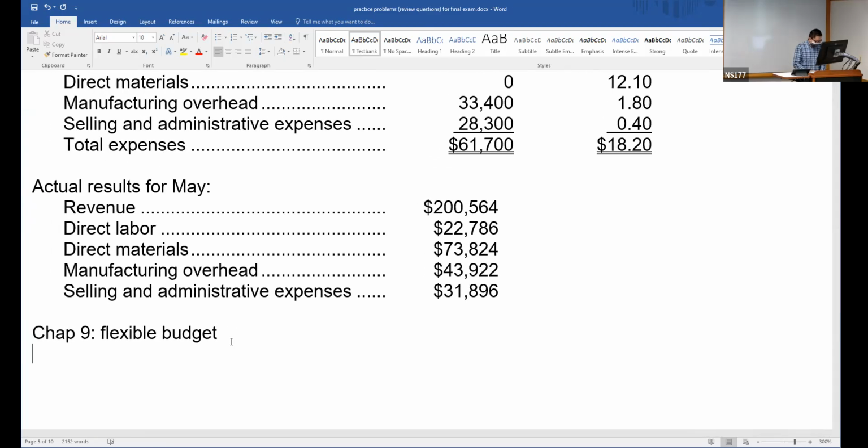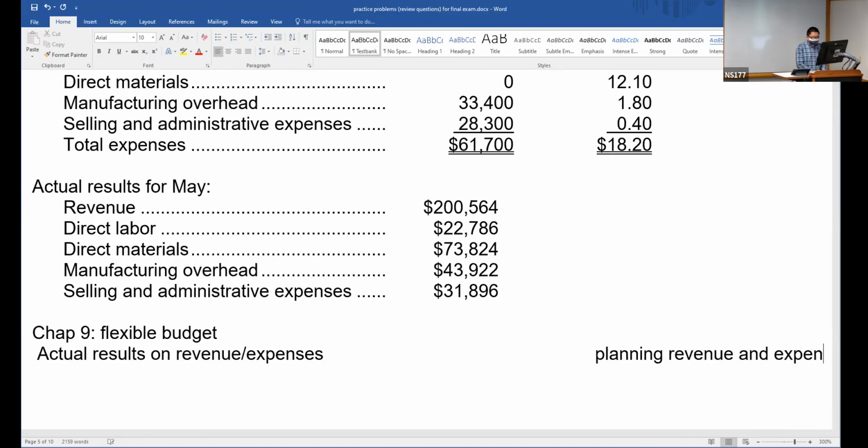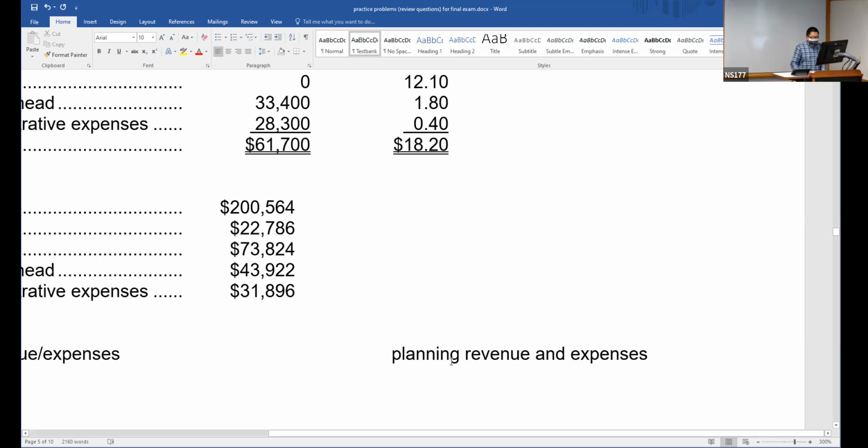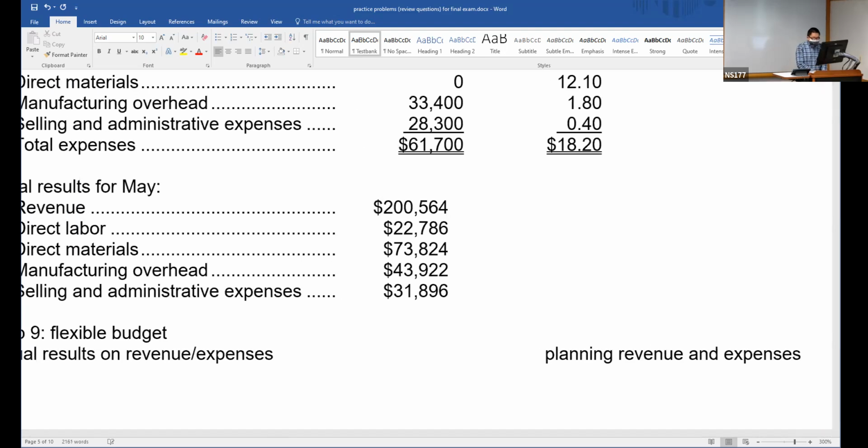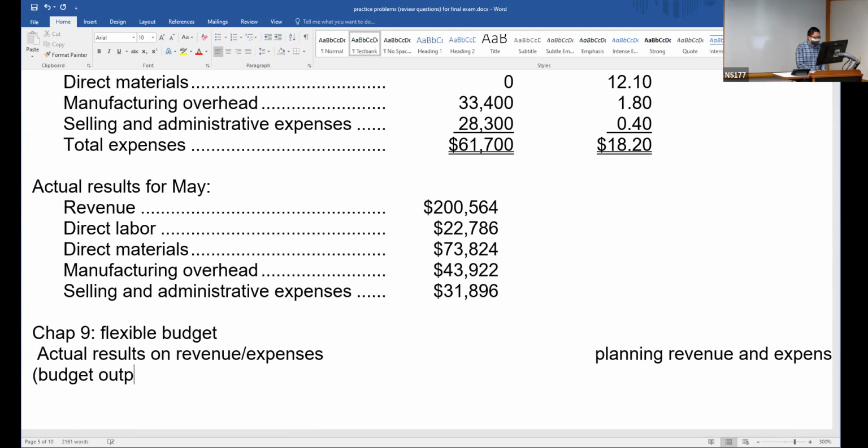We have the actual results on revenues, costs, and expenses, and we had the planning outcome, the planning revenue and expenses, based on the budgeted output or quantity.